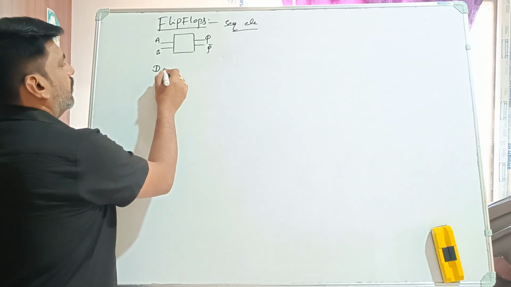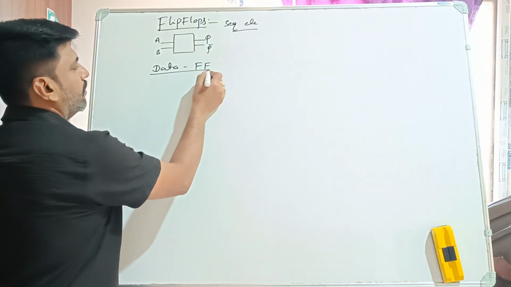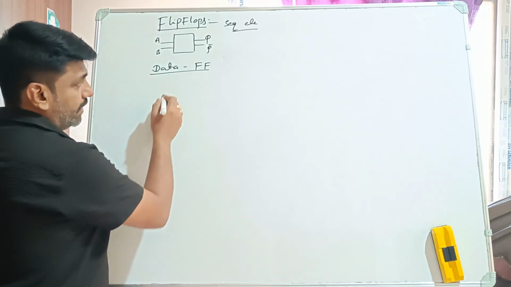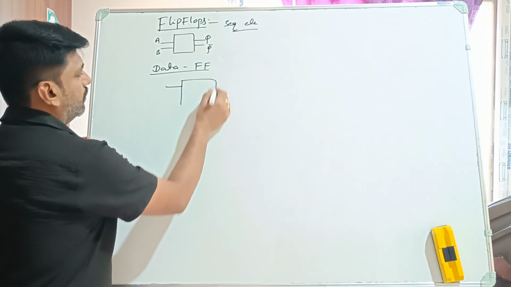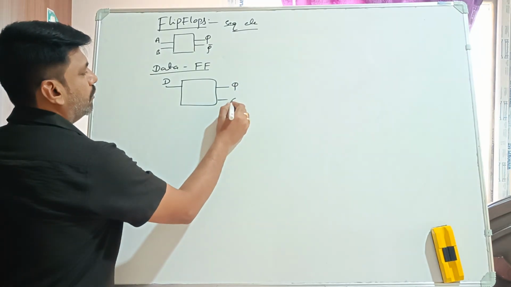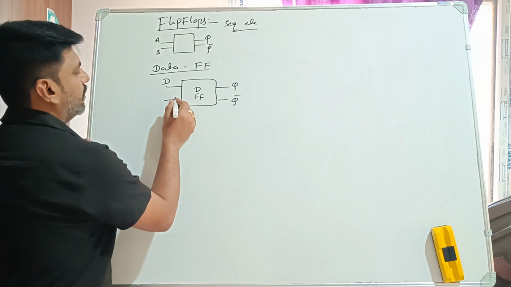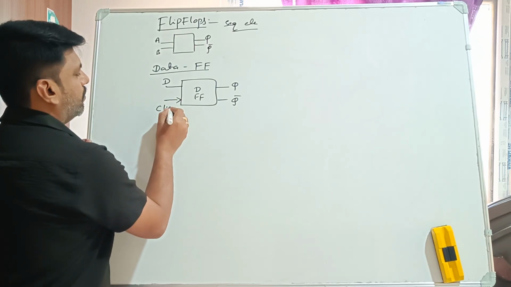Okay, so we'll call the first one the data flip-flop, right? So the data flip-flop has D as an input, Q as an output, and Q bar. So I will call it the D flip-flop. So here what is applied? Clock is applied.